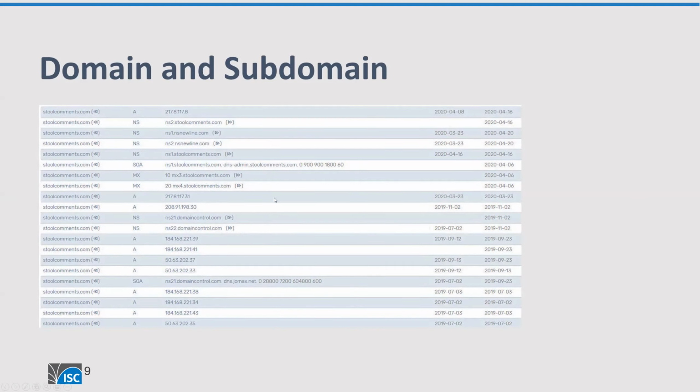And then again, you see that there's the change over to the NS new line. And also, if you look closely, if you looked on the last one, there is also the A record there that's pointing to that 217, which is Russian infrastructure. Again, this is all pointing to the Russian infrastructure.